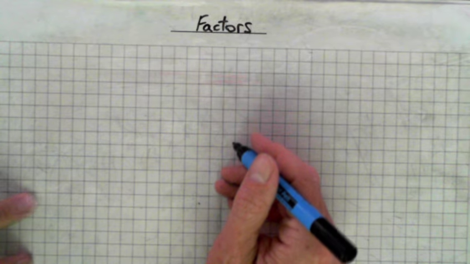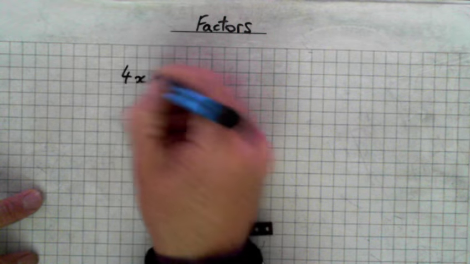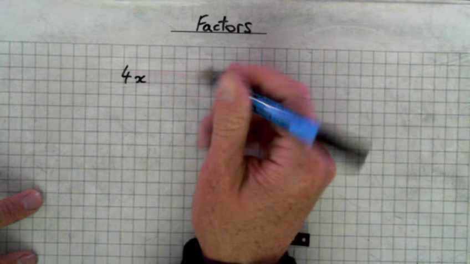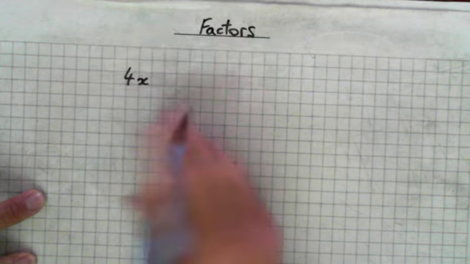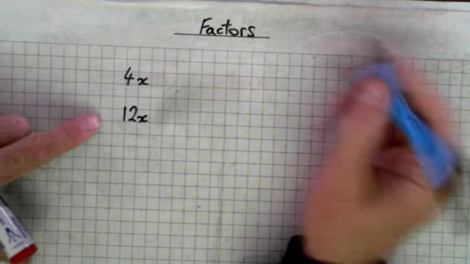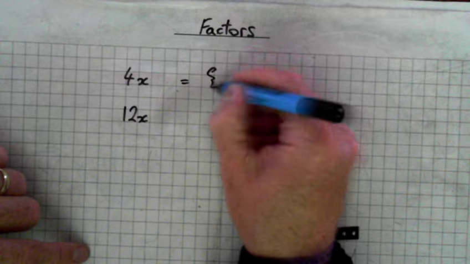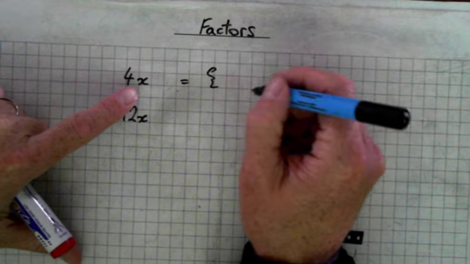So question 2, an example from the question. What's the highest common factor of 4x and 12x? So we'll write them like this. Watch this. What will divide into 4x? Will x divide in?